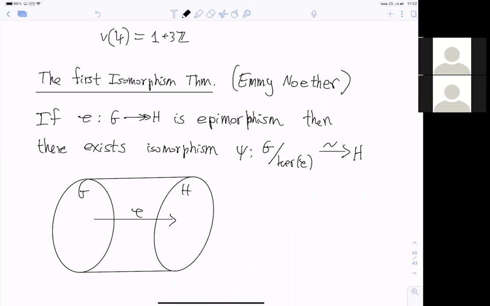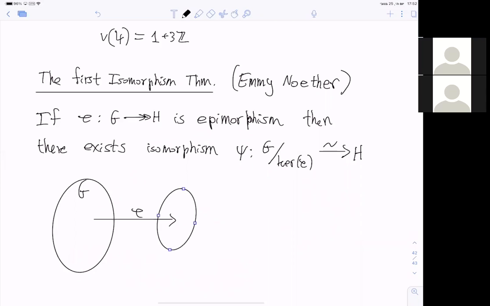Now, let us think about it as something smaller, because if it's already an isomorphism, then the kernel is trivial. So let us think about it as a smaller group.